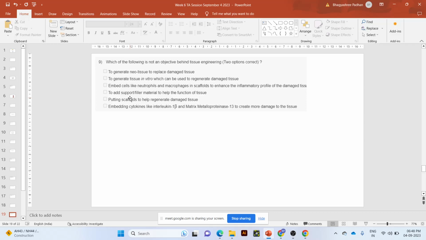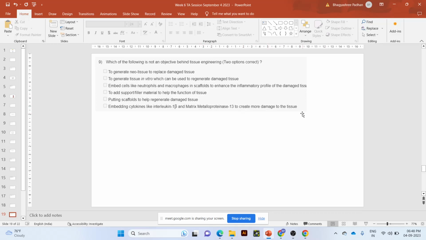To add support or filler material to help function the tissue. An objective of tissue engineering. Putting scaffolds to help regenerate damaged tissue. Another objective. Embedding cytokines like interleukin 1 beta and matrix metalloproteinase 13 to create more damage to the tissue. This is also not an objective behind tissue engineering.